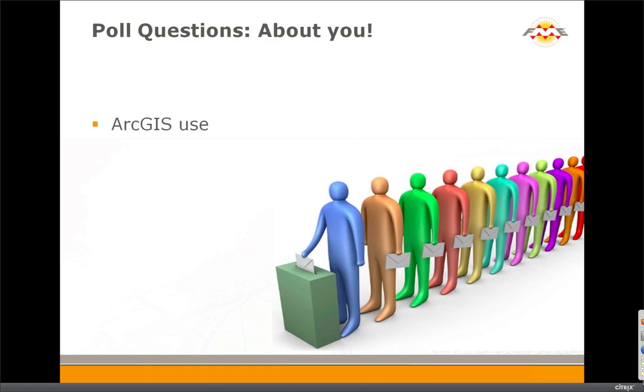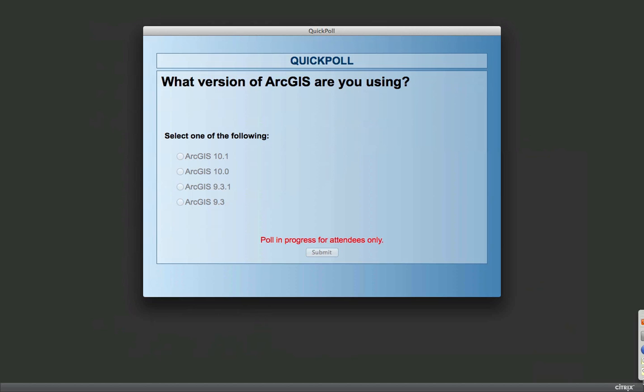Okay, just a couple more poll questions before I move into the demo. So Mark, can you bring up a couple more of those poll questions? Okay, so the first question is what version of ArcGIS are you using? See which of the Esri folks have been keeping up to date with the Esri products.